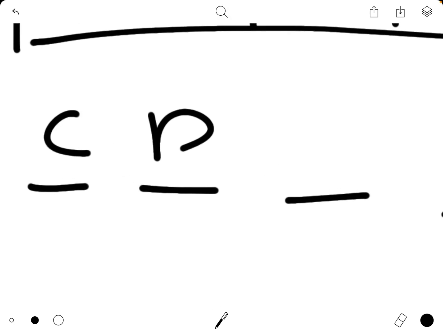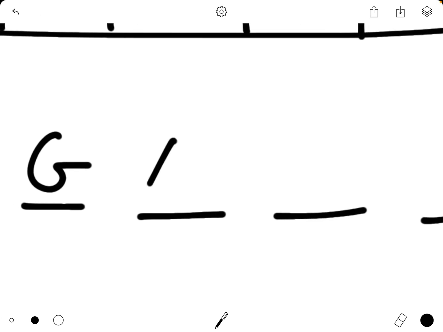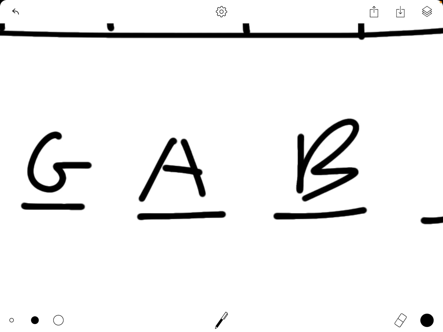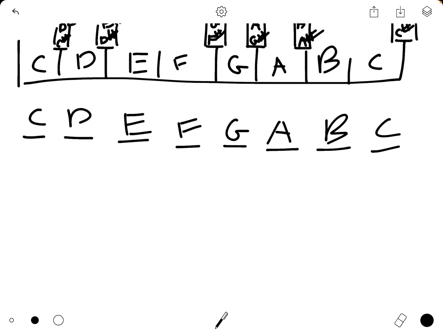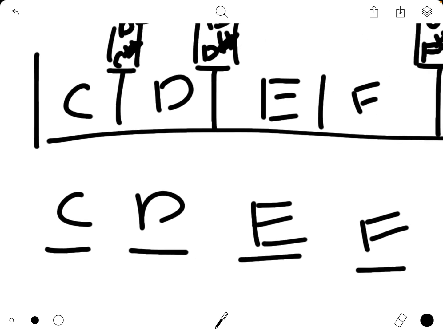And then the notes of the C scale are C, D, E, F, G, A, B, and then C. The distance between C and D is a whole step.